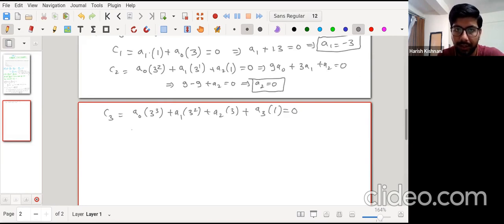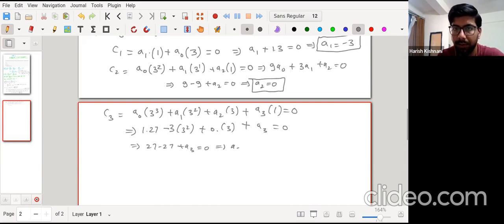So A naught is 1, 1 dot 27. A1 is minus 3, that is minus 3 times 3 square. A2 is 0 plus A3 equal to 0. This will imply 27 minus 27 plus A3 is 0. So your A3 is going to be 0.